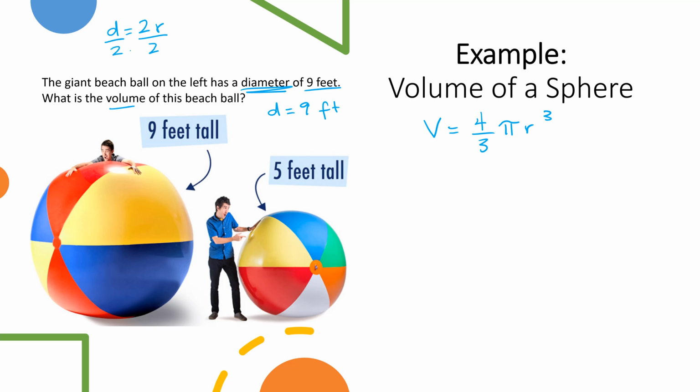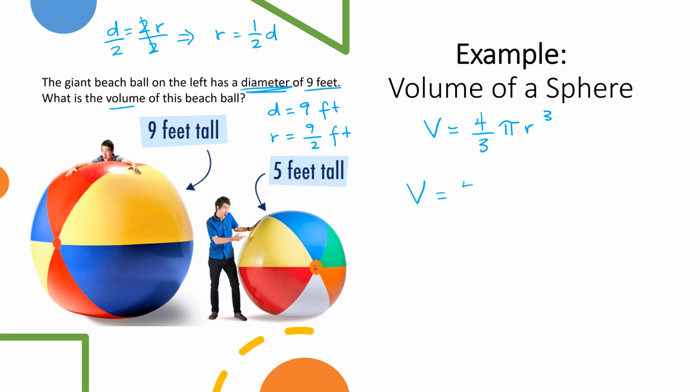So therefore, if we divide both sides by 2, the radius is half of the diameter. So the radius equals 9/2 feet. Or maybe you know that that's 4 5/10. We could leave it as a fraction. So we're going to now substitute that information. We figured out the radius is half of the diameter.